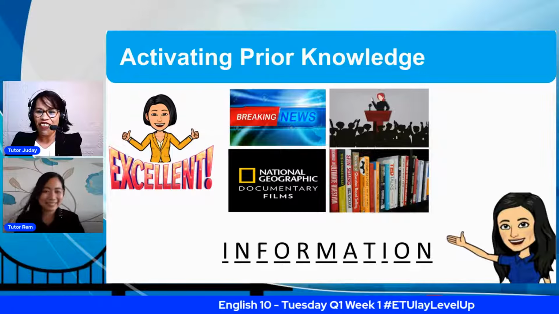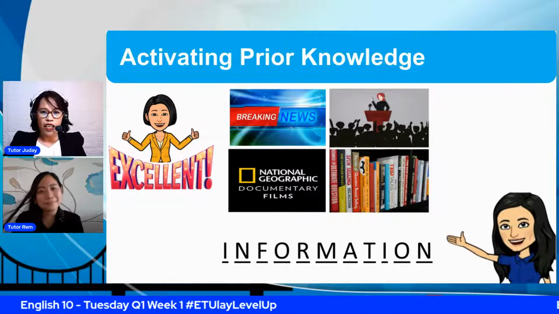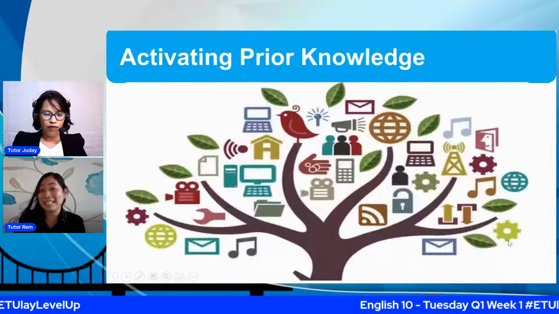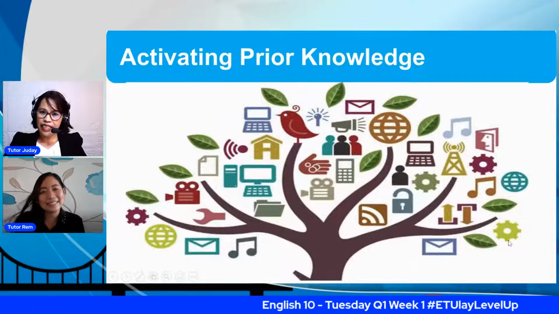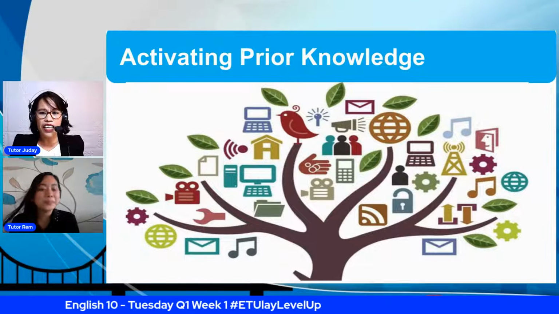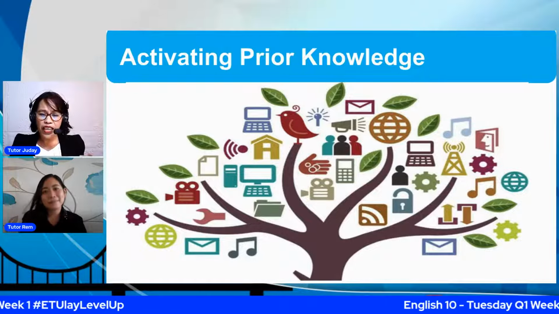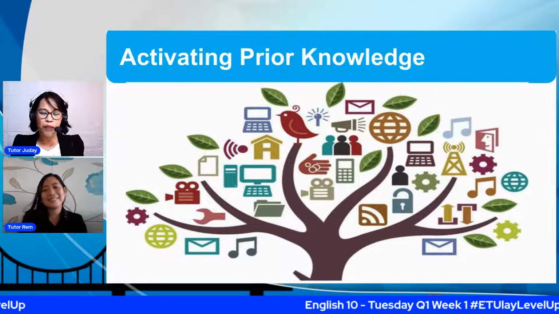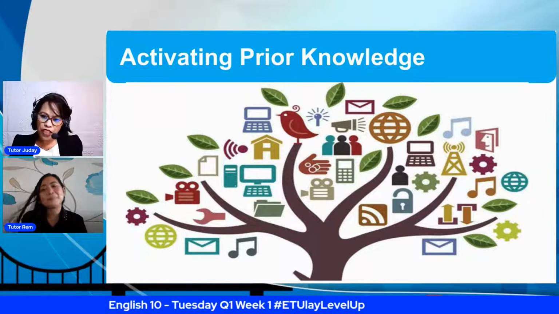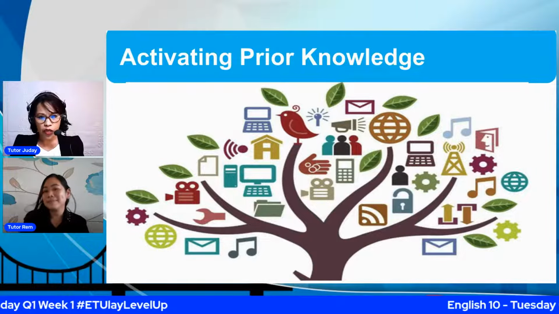All right. So, Teacher Ram, information is actually a very common word, right? Yes. Information, as available data, is everywhere and can be found in various platforms and means such as news reports, speeches, informative talks, and panel discussions, among others.